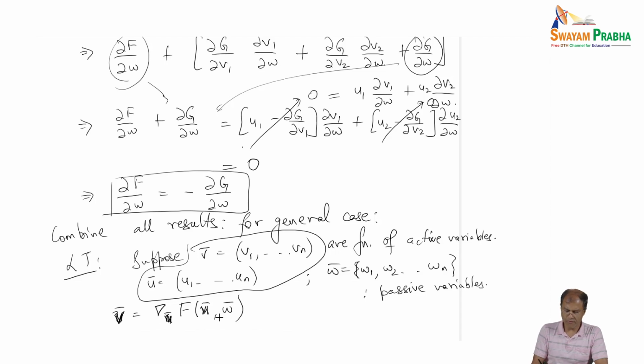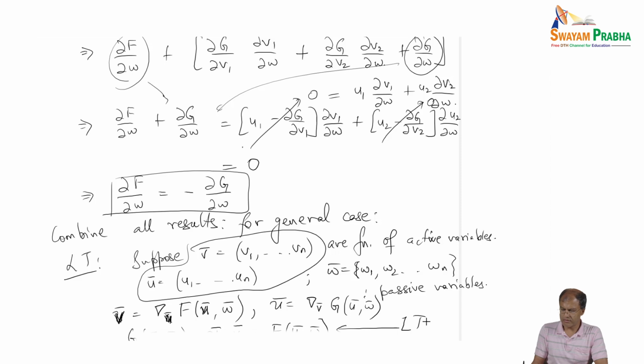And we have that U is the grad V of G of V comma W, right? And we see that from here the Legendre transform can be written as G of V comma W equal to U dot V minus F of U comma W. So this is my Legendre transform.